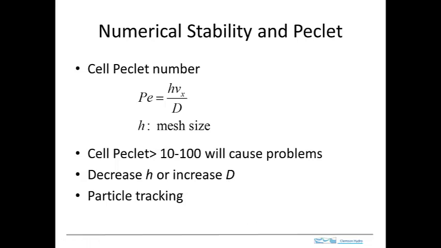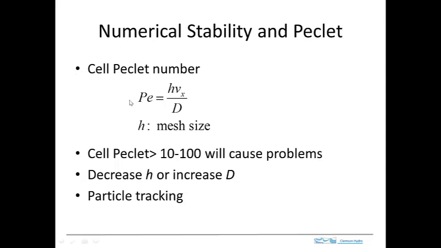Okay, so that's one way to use the Peclet number in an actual analysis. The Peclet number also comes up in numerical stability. And in this case, we define the Peclet number like this, where that characteristic length L becomes H, where H is the size of the individual finite elements.